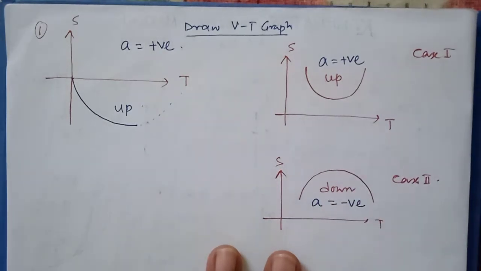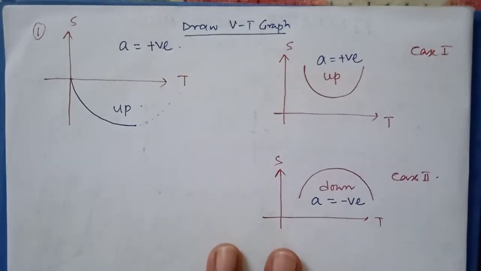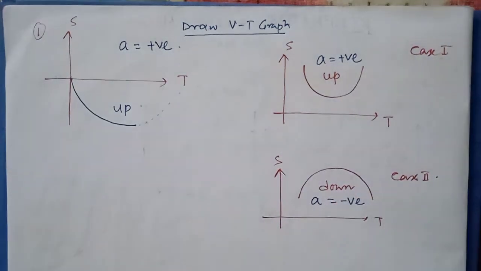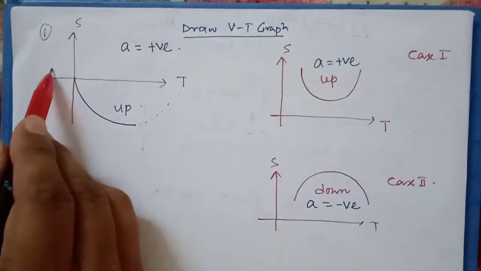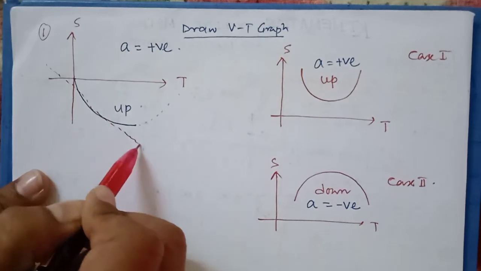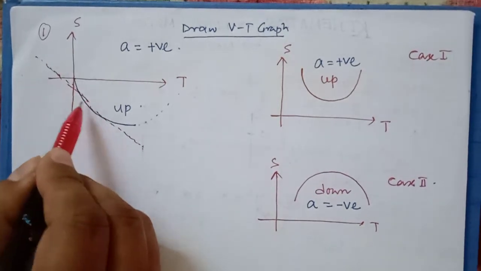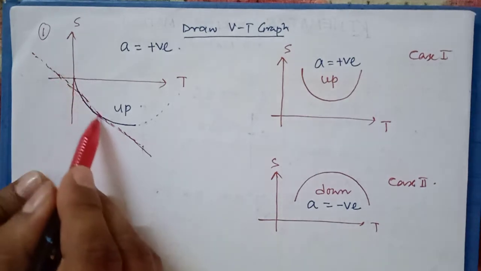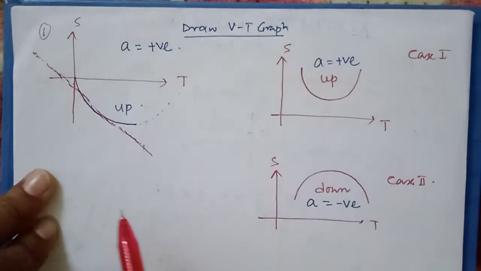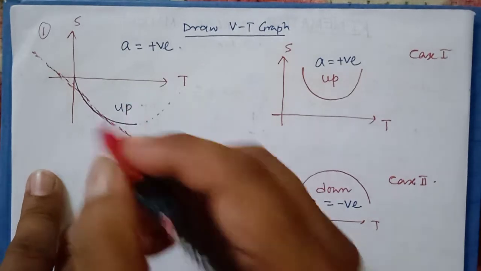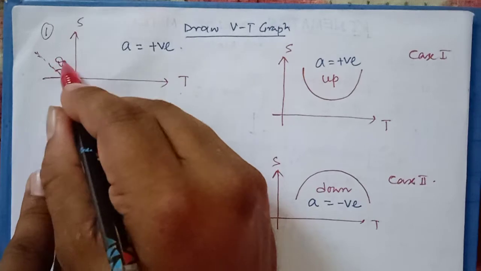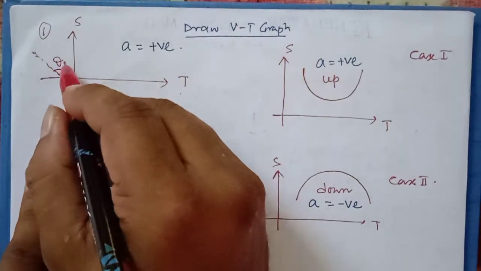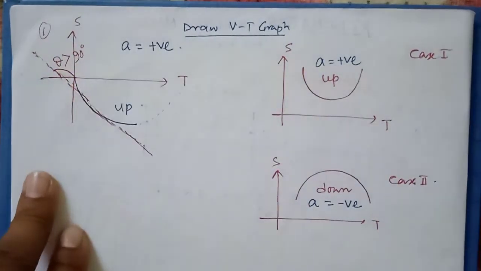Now, what about the velocity? For that, you have to draw the slope. Am I right, students? So see, this is the slope of the graph. I have drawn a tangent, and this tangent represents the slope of the graph. And you can see with the x-axis, the tangent's theta is greater than 90, an obtuse angle.